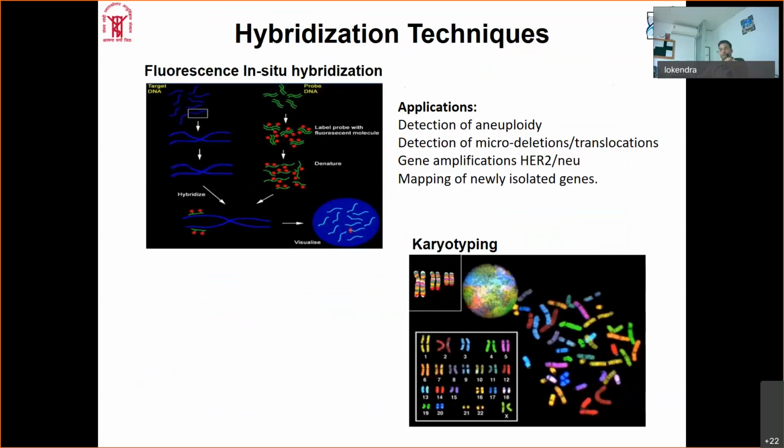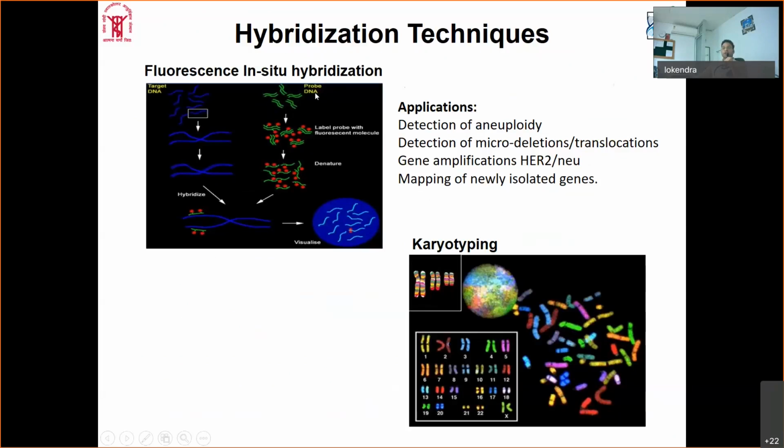In hybridization, one of the major areas is fluorescence in situ hybridization, which is basically to detect. In this case again, it's similar to Southern hybridization, but you are hybridizing directly with the chromosomes.